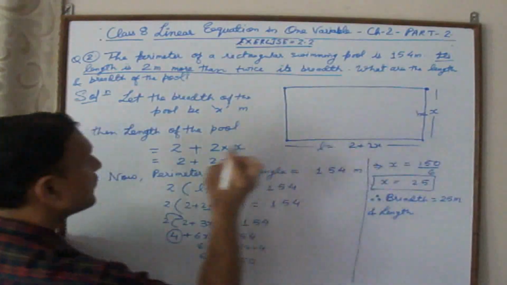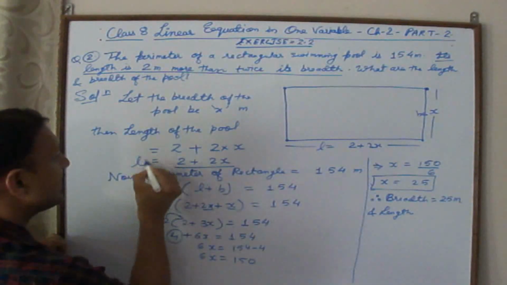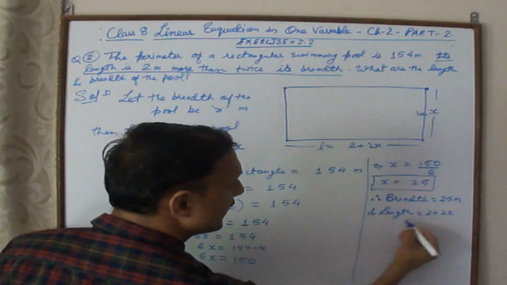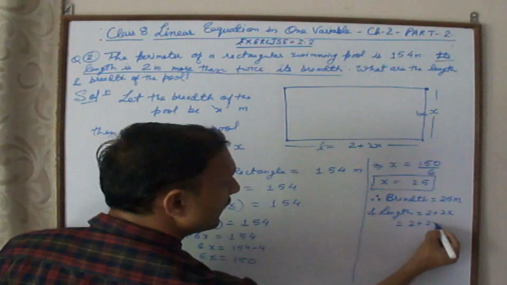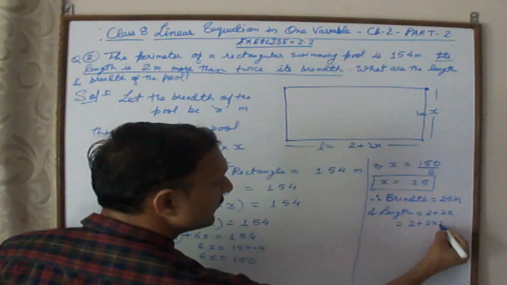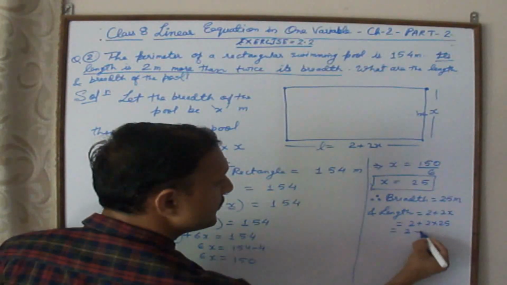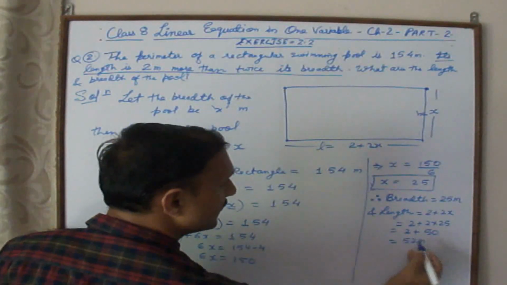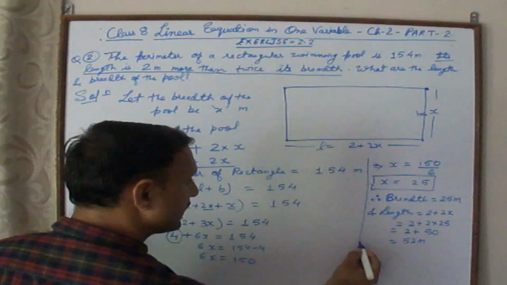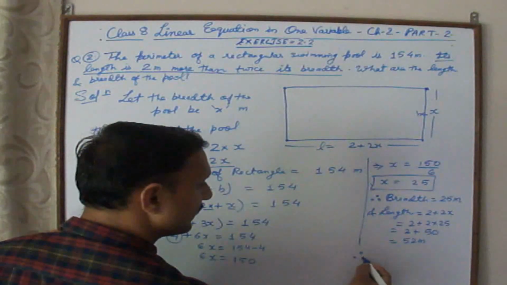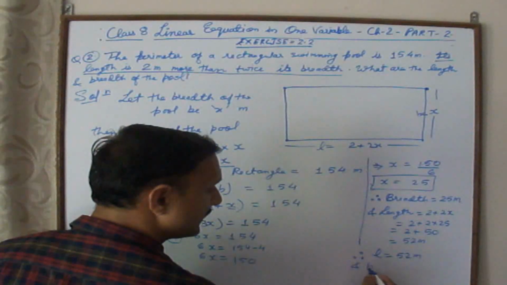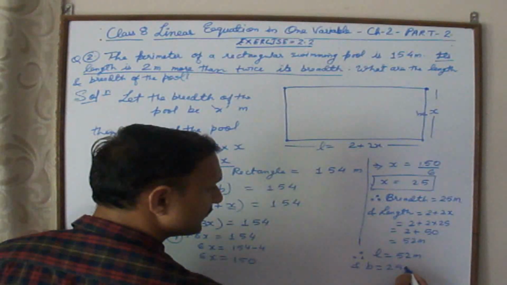Length we know is 2 plus 2x. Put the value of x in length. x is 25, so 2 plus 50, 52 meter. Therefore, the final answer: length equals 52 meter and breadth equals 25 meter.